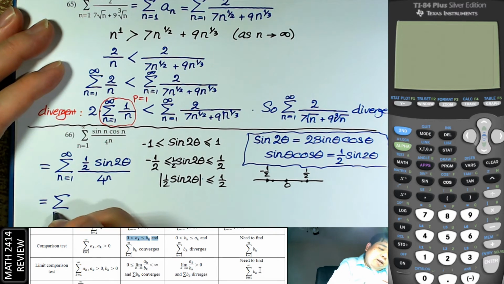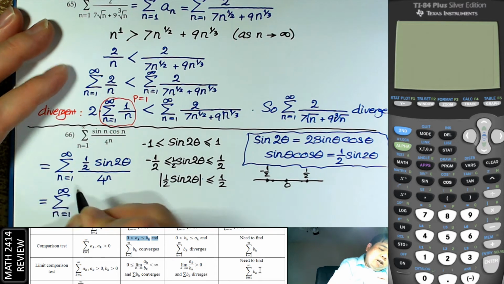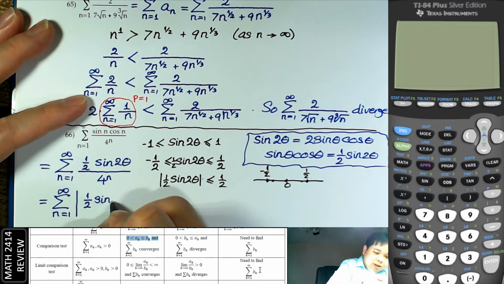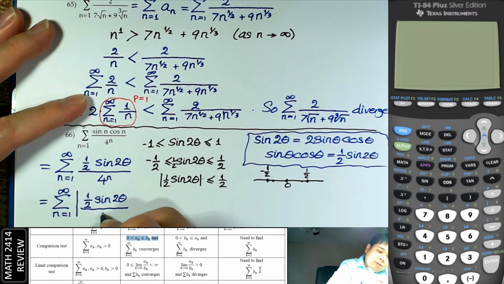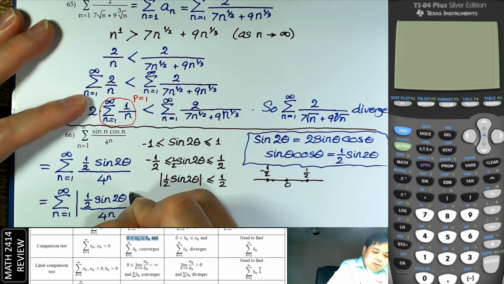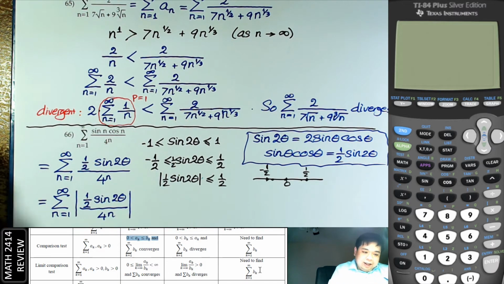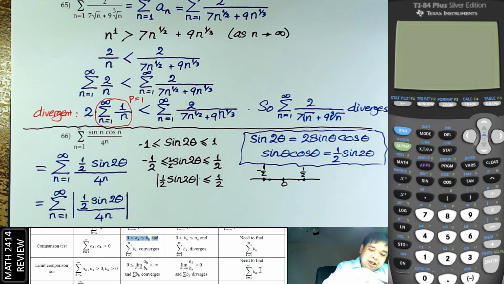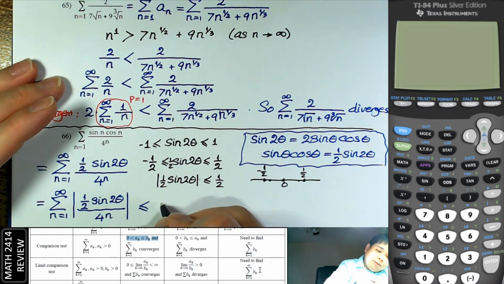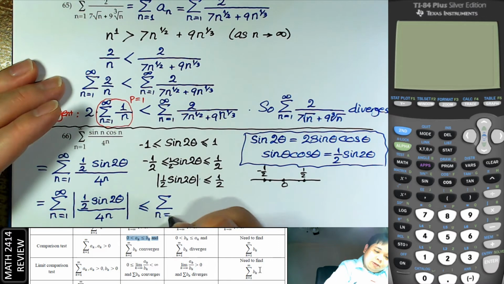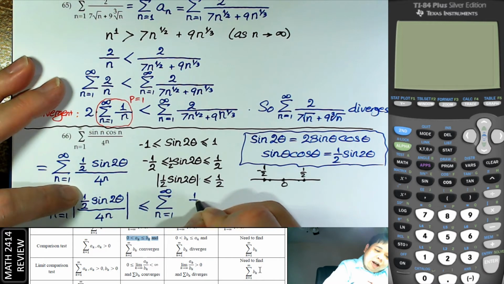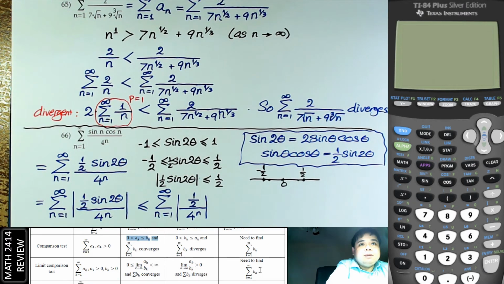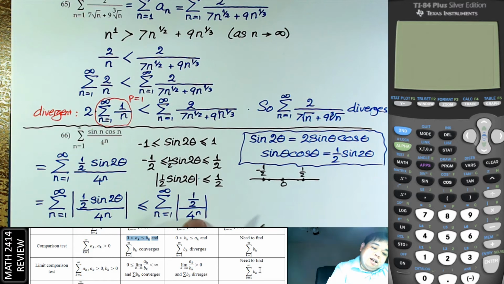So for this one, if we're going to put the absolute value of the whole thing, right? Now the top is going to be less than or equal to 1/2, so we can say this is less than or equal to 1/2 on top, and the bottom is still 4 to the n power. We don't really need absolute values here because all of them are positive.